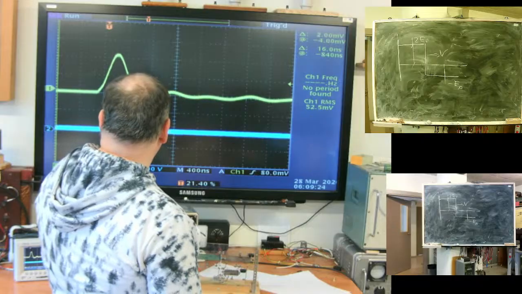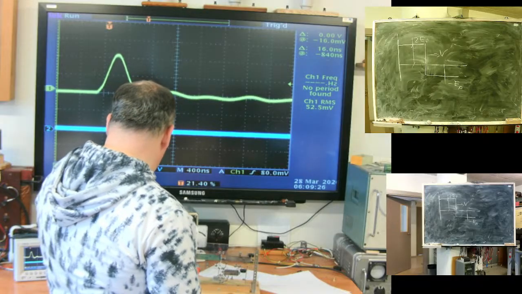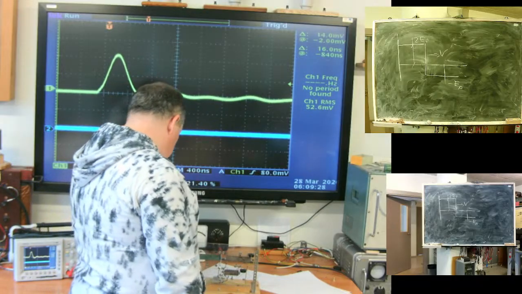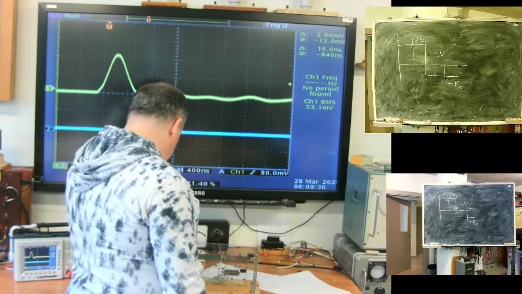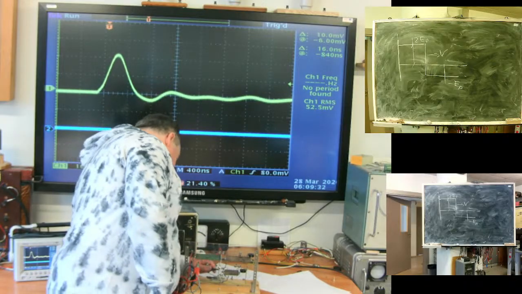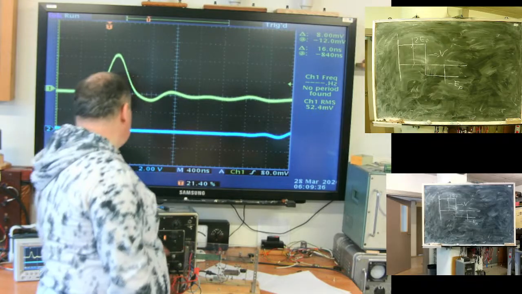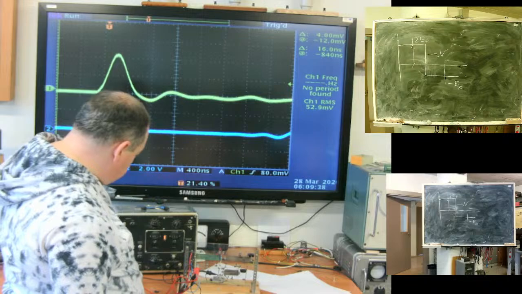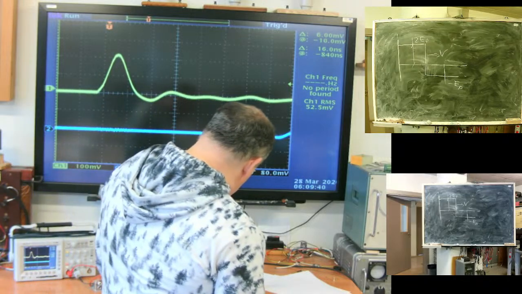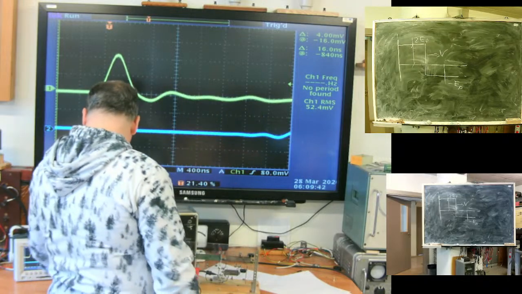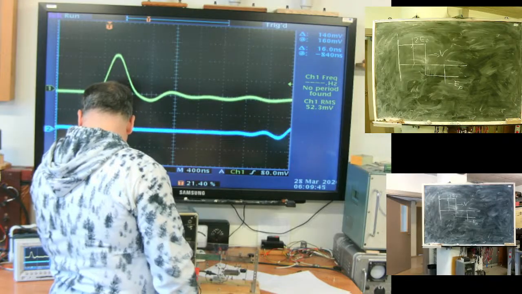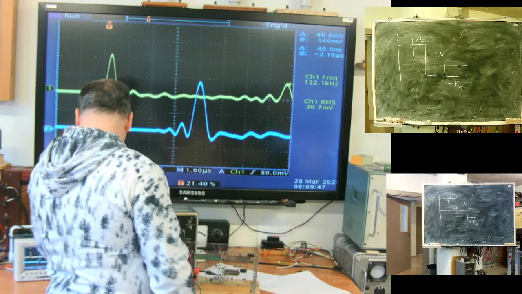I'm setting the yellow line at the first percent of my line. And my blue, oh, here he is.